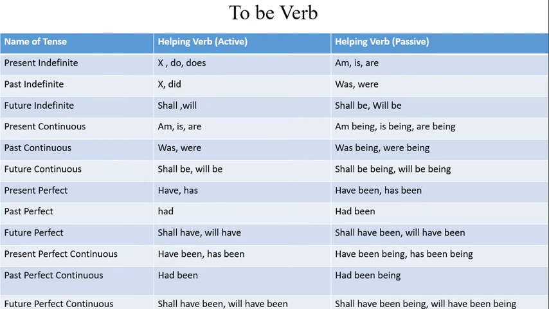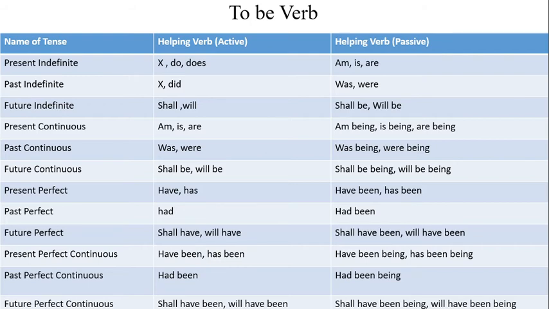In past perfect continuous tense, had been being plus past participle form of verb will be used in the passive voice.